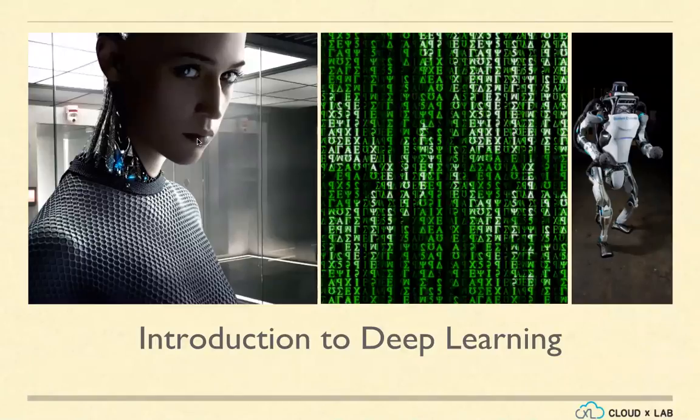This one is a photo from a movie called Ex Machina, and this one is from Matrix, and this represents data, and this represents the robot. The idea that I want to portray is that this is the fantasy, and this is the reality.